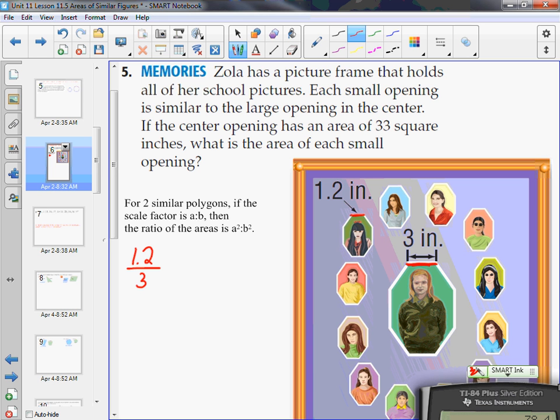Now, that's going small to large, okay? So, the ratio of the areas. Now, I got to write it small to large, okay? So, small, I don't know, to large, they tell us is 33. That's going to equal a squared to b squared. So, that's going to equal 1.2 squared to 3 squared. Does that seem reasonable?